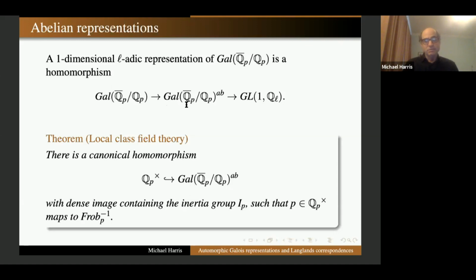It has an image here, which we can still call the inertia group. And then there's the element p. We recognize that, if nothing else. It's an element that is not a unit. It's not invertible. And p goes to the inverse of the Frobenius. All right. So that's local class field theory.